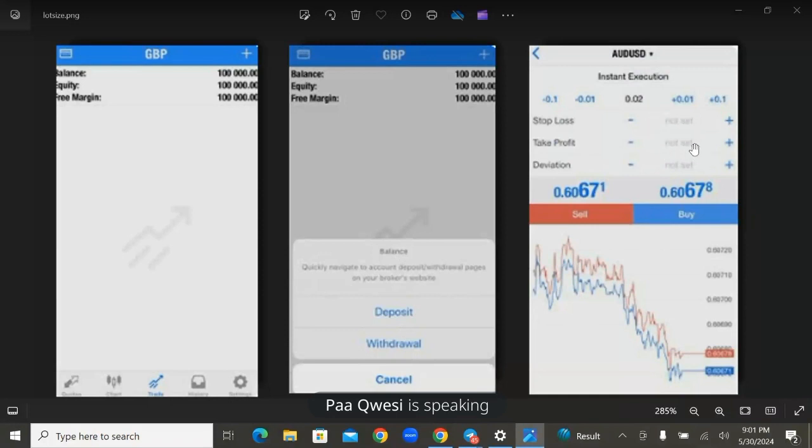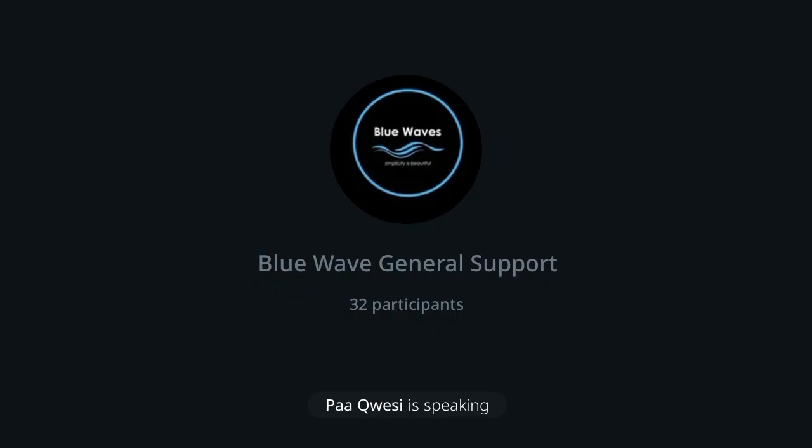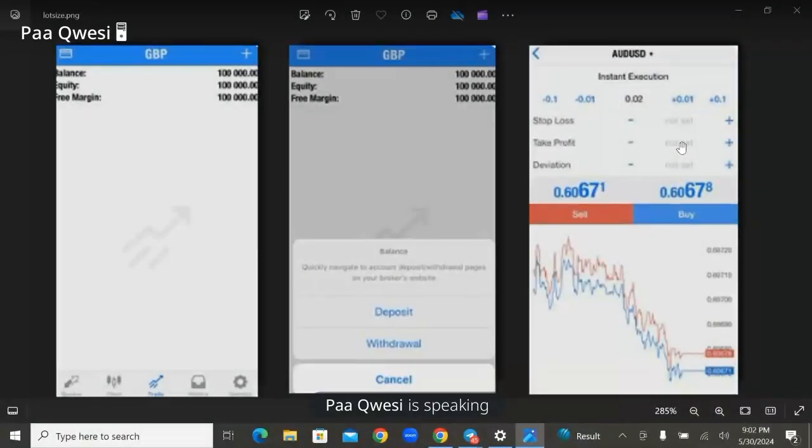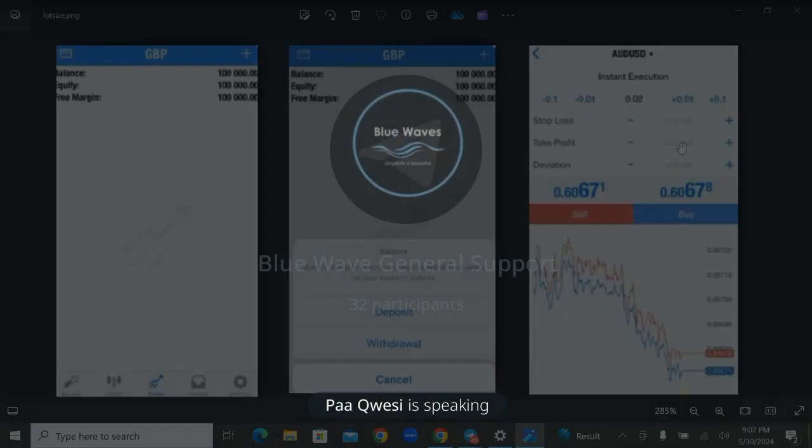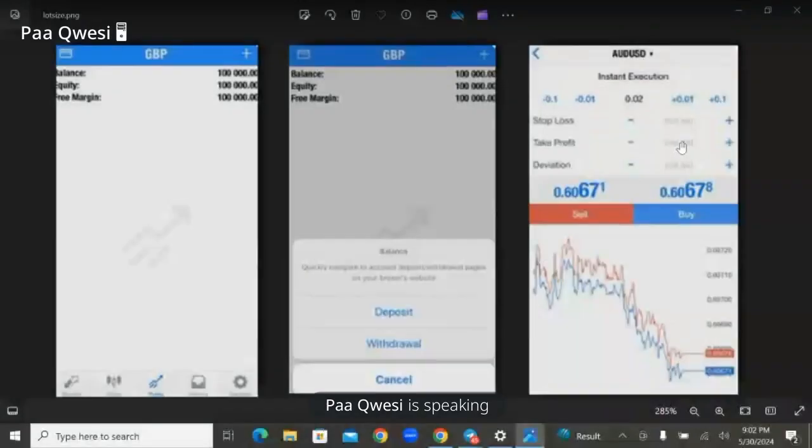It's always very important for you to know the stop loss price and the take profit price. When you go to your MetaTrader 5, you are going to set your take profit price, because if you don't understand these basic things, you are going to lose an amount of money that you didn't expect to lose. That's why it's always important for you to understand how to calculate the prices.